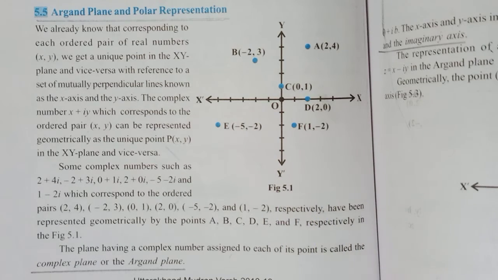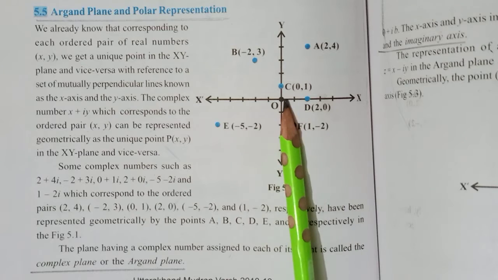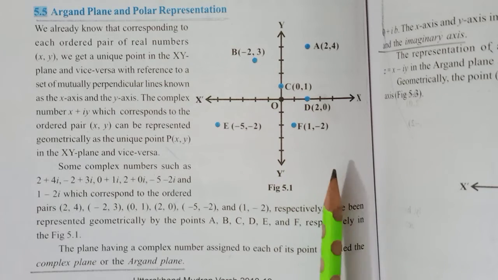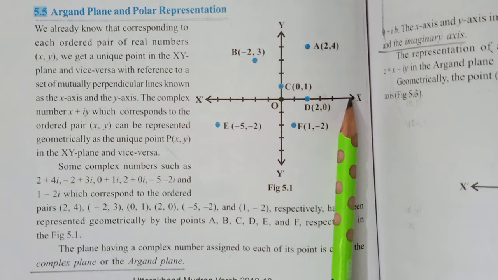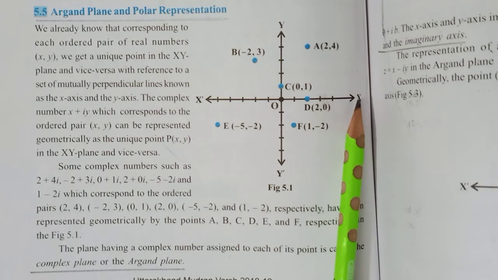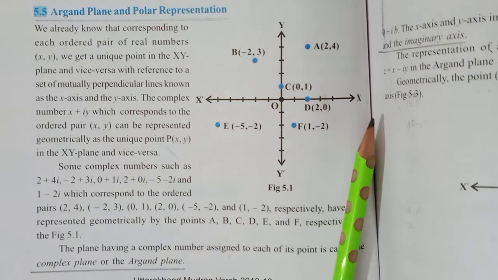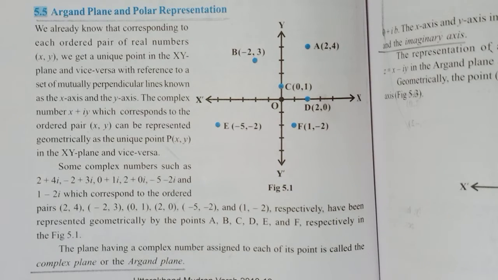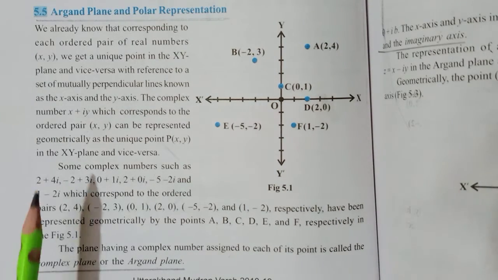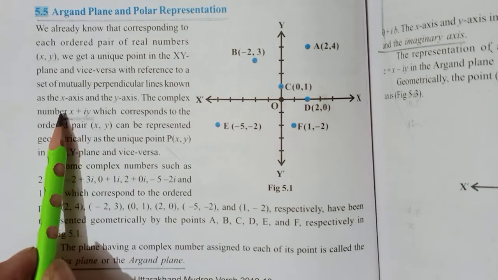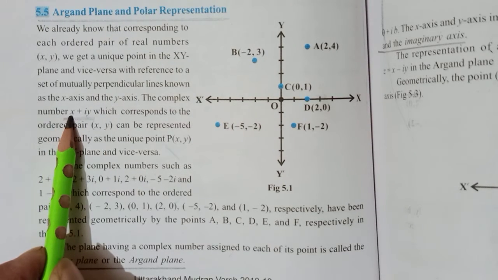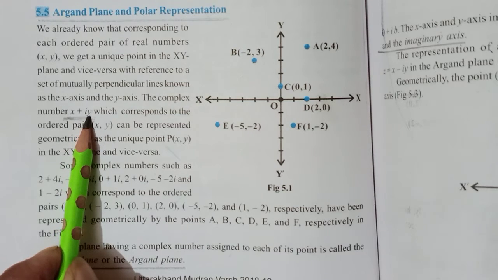All right, so now when we are doing this for a complex number, the x-axis, the horizontal line, along this we represent the real part. See, every complex number has two parts to it. Okay, x plus iy. When I have a complex number, we write it like this: x plus iy, in which we say x is its real part and y is the imaginary part.